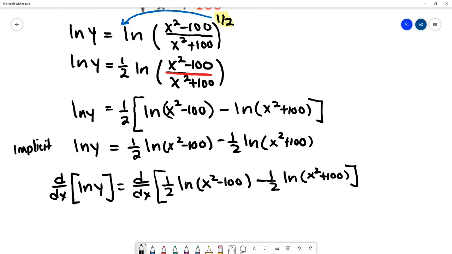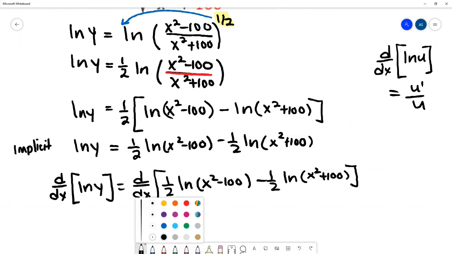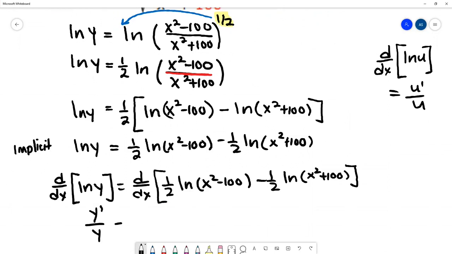Now all of these terms have log in them, so we're going to use the derivative rule for logarithms. Derivative with respect to x of natural log of u is u prime over u. So on the left-hand side, the derivative of natural log of y will be y prime over y. 1/2 is a constant multiple.